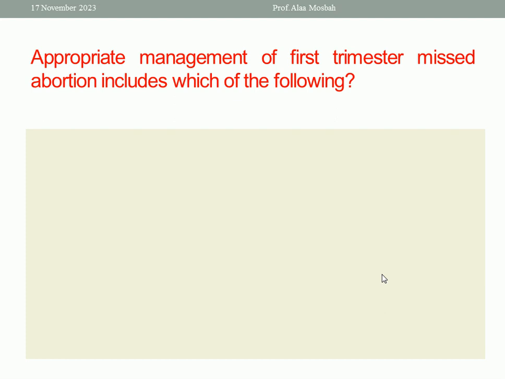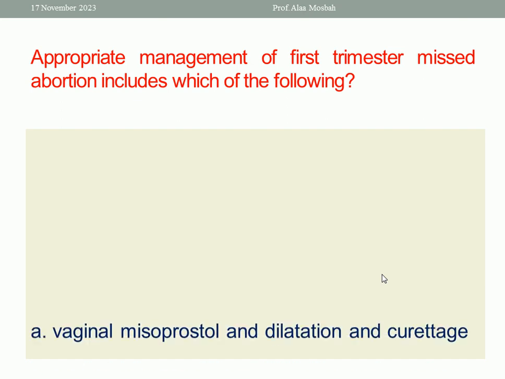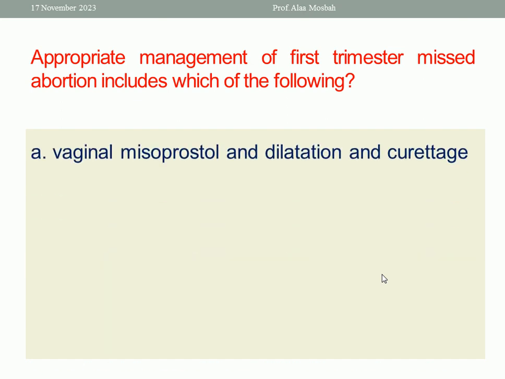Appropriate management of first trimester missed abortion includes which of the following? A. Vaginal misoprostol and dilatation and curettage. B. Hysterectomy.